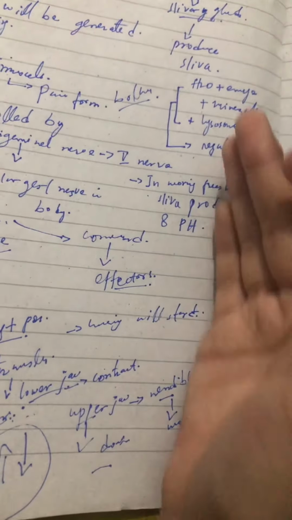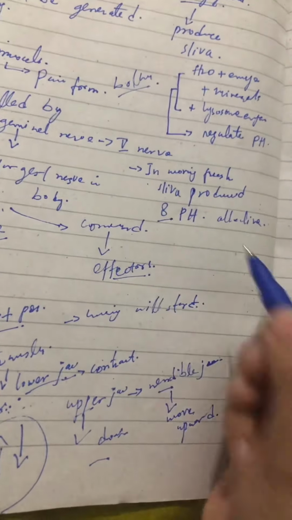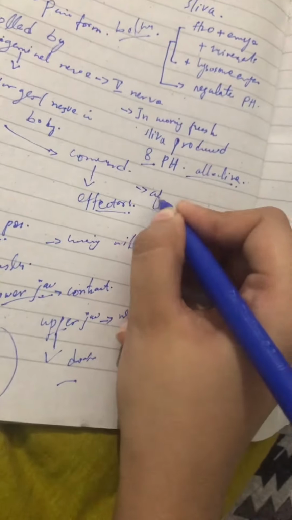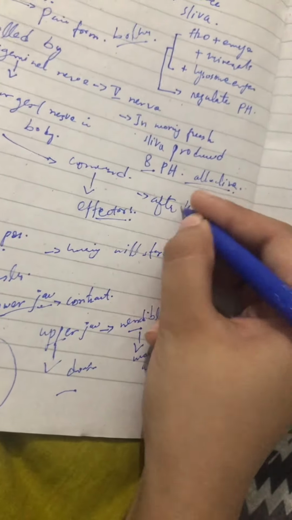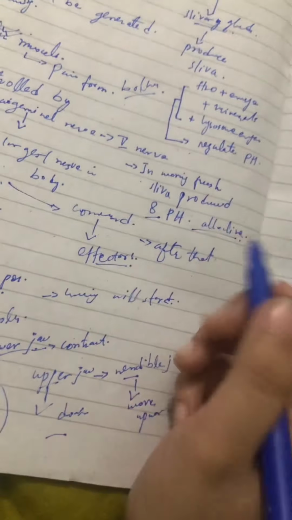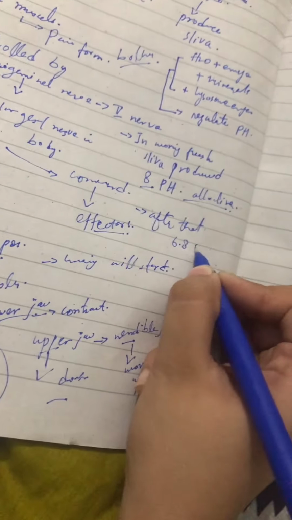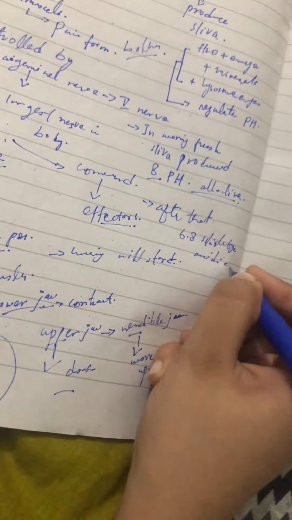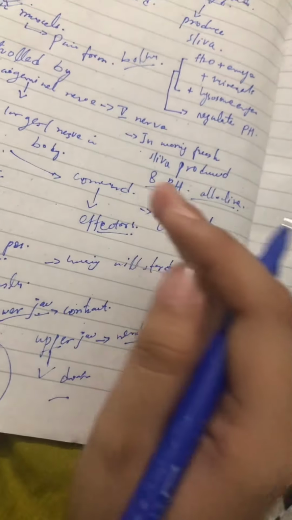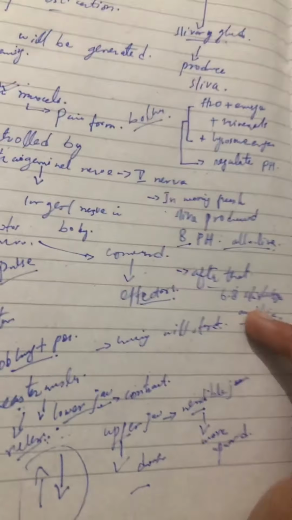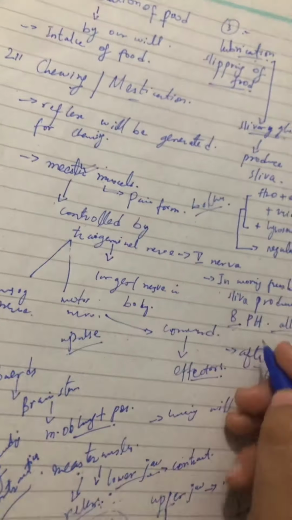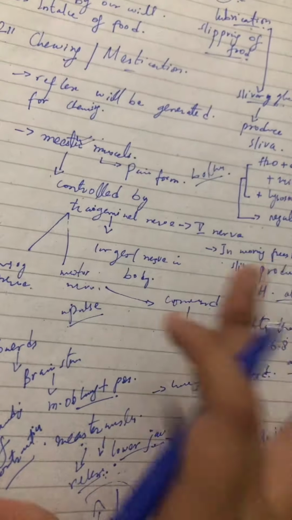In the morning, fresh saliva is produced at pH 8. So that is the lubrication of the food.